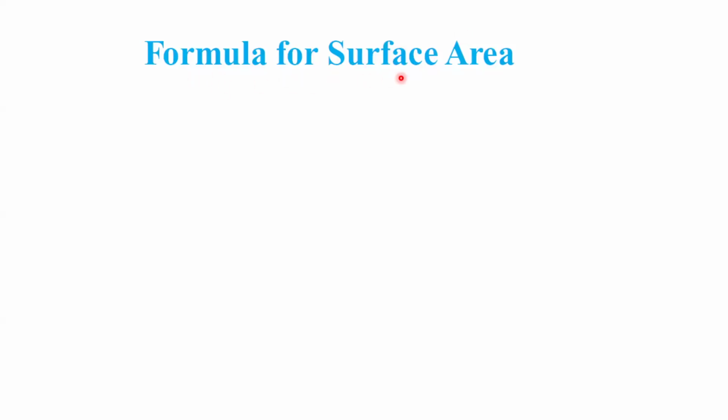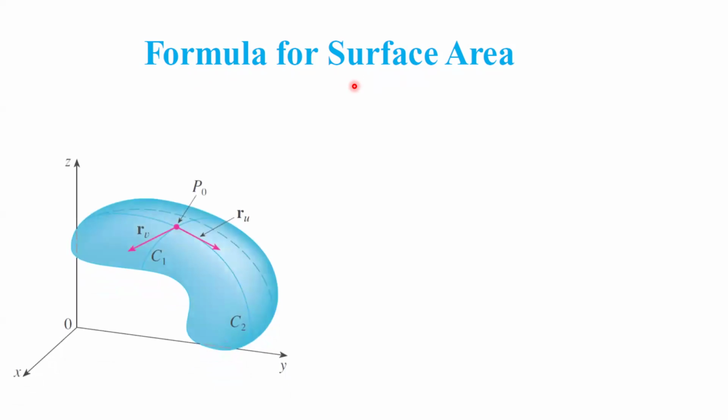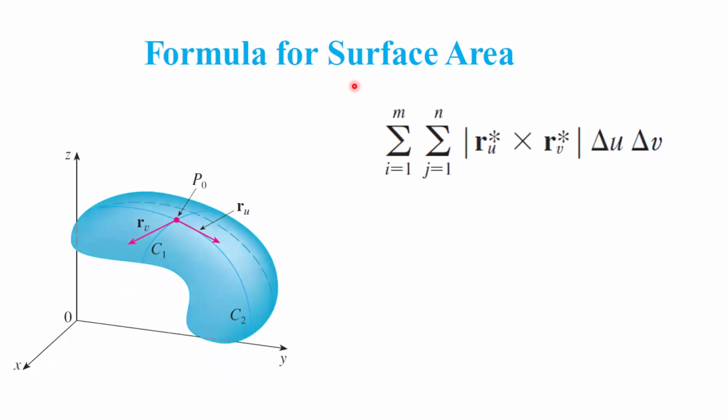How do we calculate the area of a surface? Suppose you have a 3D object and you're interested in calculating its area. This is basically the double Riemann sum of the magnitude of the cross product of r_u and r_v, times delta u delta v.